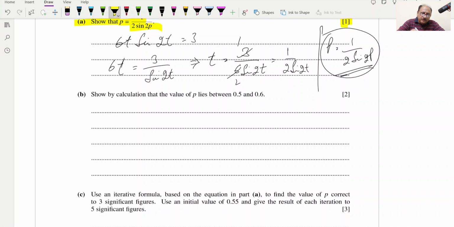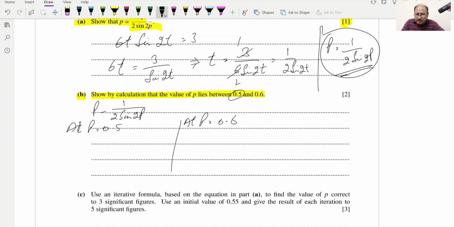It's a 1 mark question. Now the b part: show by calculation that the value of p lies between 0.5 and 0.6. So you know we are looking for the sign change. So p minus 1 by 2 sine 2p, and we'll check at p is equal to 0.5, and then we will check at p is equal to 0.6, and we will check whether the sign is changing or not.